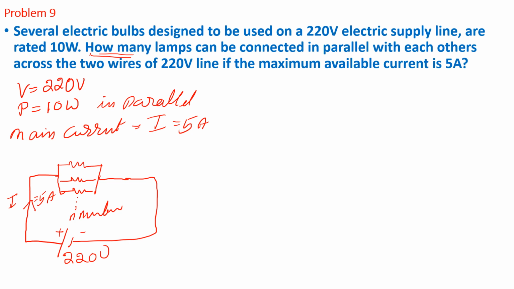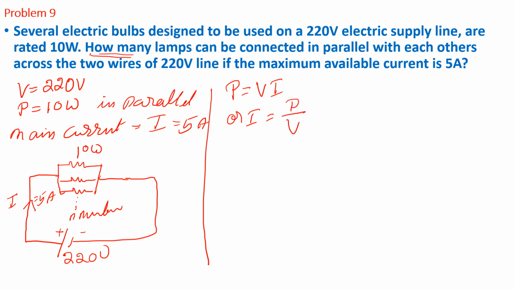So now how to find out this particular value? Main current should be 5 amps and the total voltage will be 220 volt, and 10 watt bulbs are connected; you need to find out how many. How to find that? We have P is equal to V into I, or I is equal to P by V. What is this I?